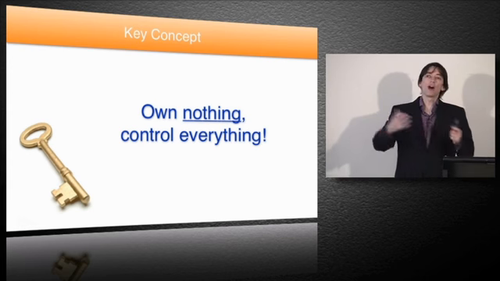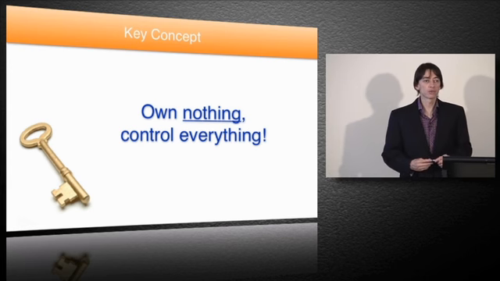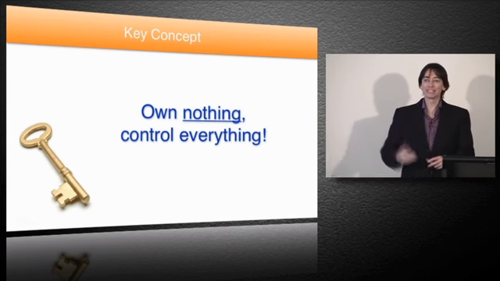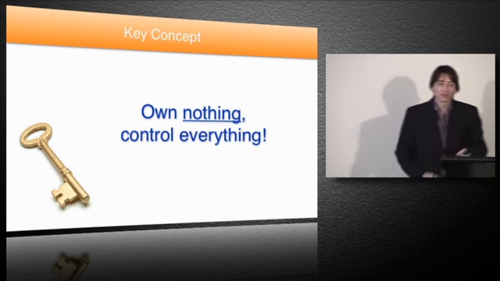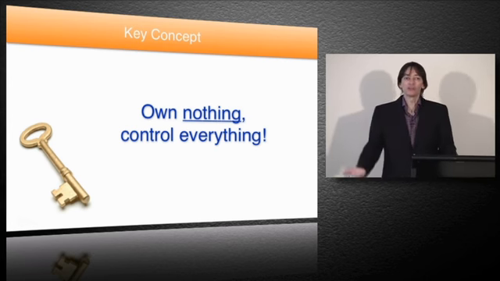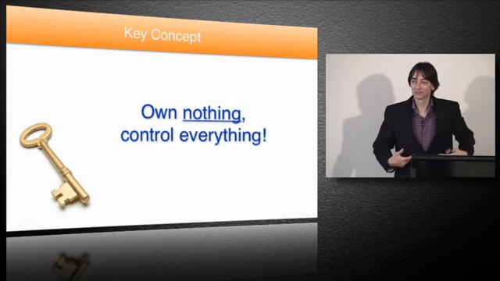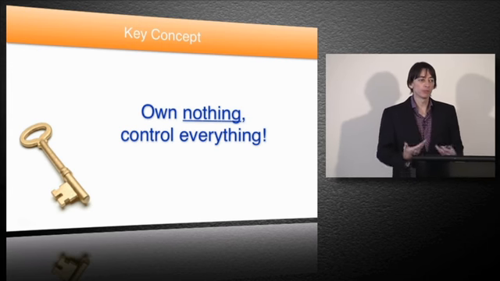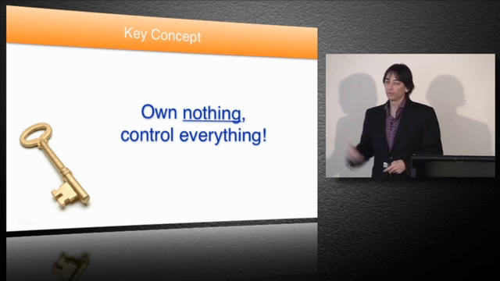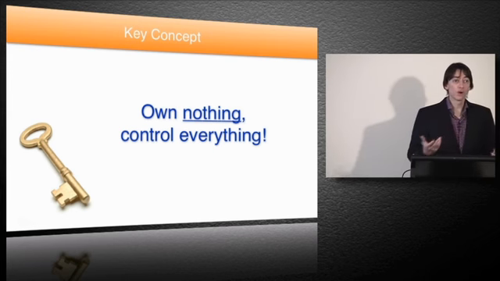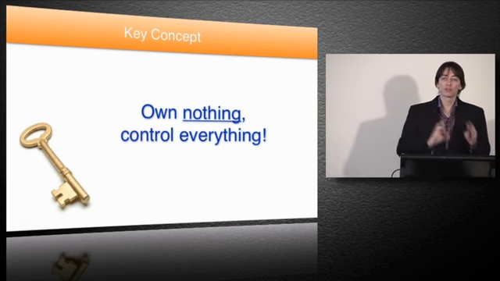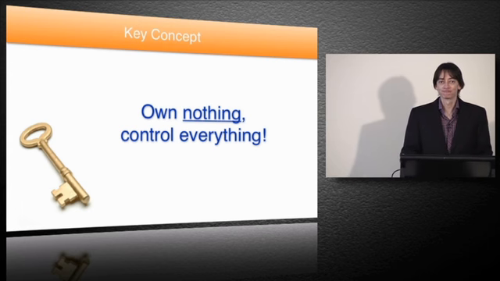Which is kind of the opposite to the way we're brought up, I guess, or what we innately desire. We want to own our own house, we want to own our car, we want to own things, right? So we can say that they're ours. But if you do own them and you do put them in your own name, well, they can be taken from you because you own them. But if you don't own it but control it, it can't be taken from you.